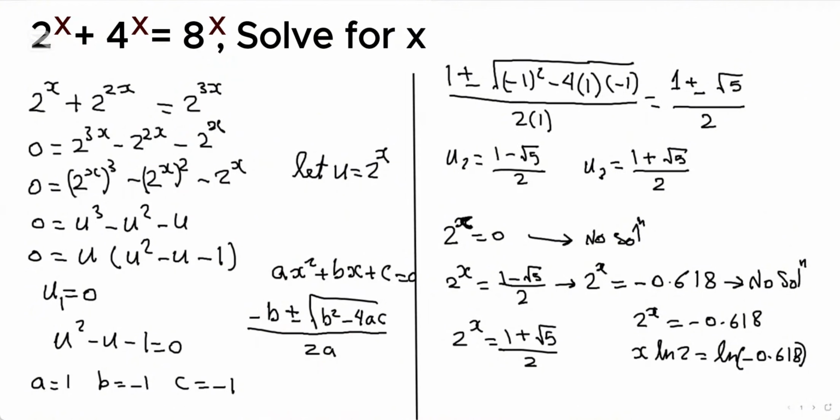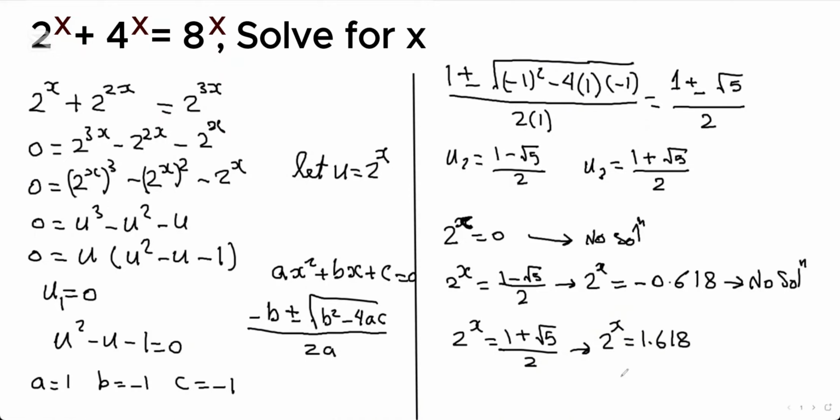All right. Now we're left with the last one here, and hopefully you could get a solution out of that. So we have this. So the first thing I'm going to do, I'm just going to find out what this expression equals, 1 plus root 5 divided by 2. And that gives me 2 to the power of x equals 1.618.